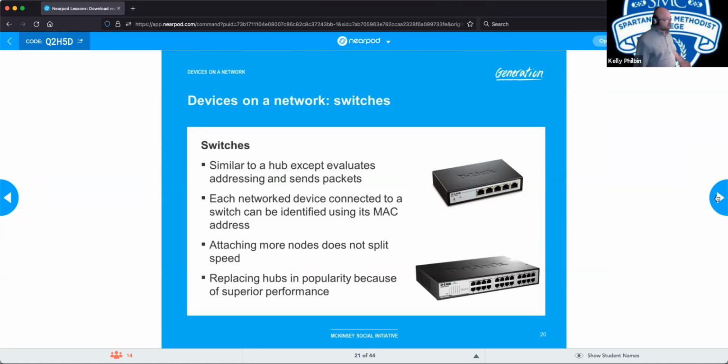All other people on that switch are not bothered by the information being sent. And you can attach a whole bunch to a switch without slowing down the speed because the collisions do not become an issue. Every single port on a switch is its own collision domain.